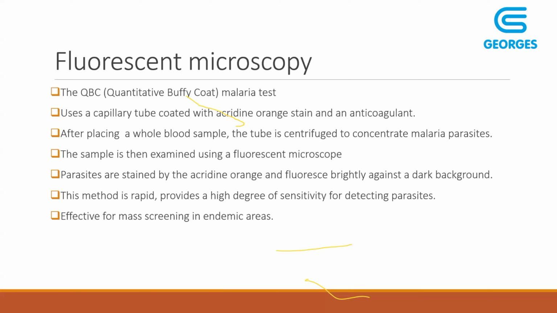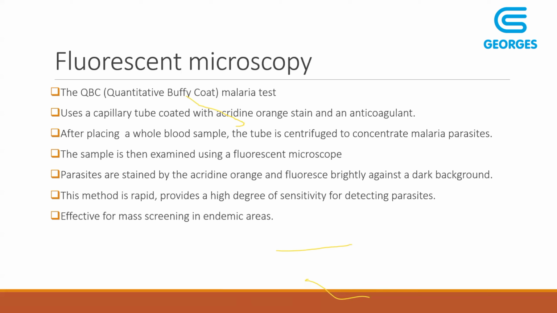So fluorescent microscopy, this is where we use the acridine orange to stain peripheral blood for malaria species identification. And the method used is called the quantitative Buffy-Coat for malaria test. This is where we have a capillary tube, and this capillary tube is coated with a stain, and this stain is acridine orange.